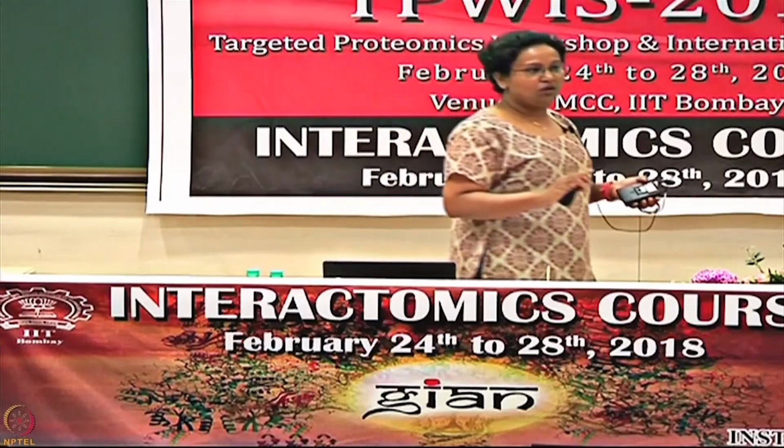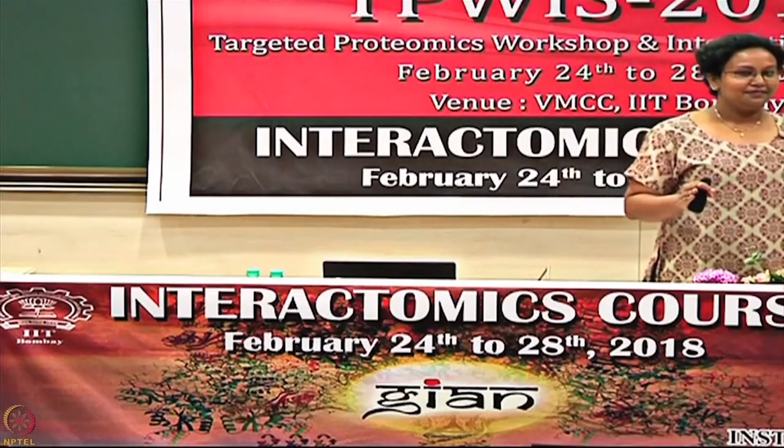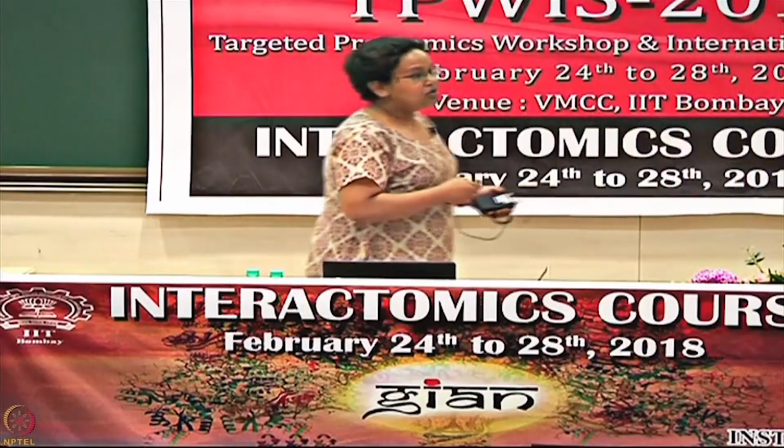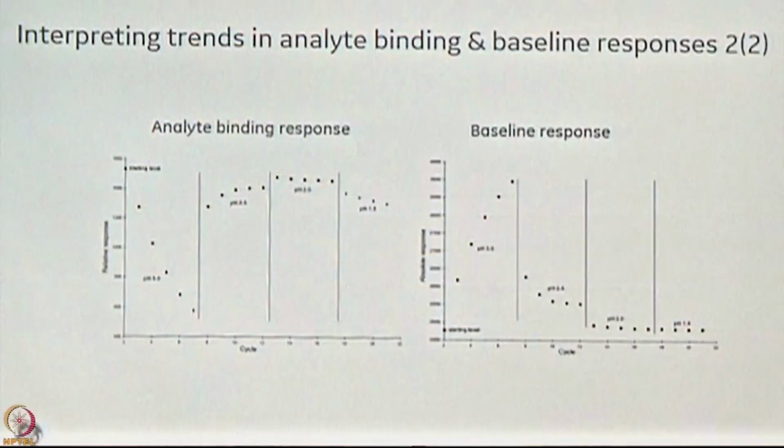It's a clear case of what? It's too mild, because your baseline is increasing, you are not removing all your ligand, and the binding is dropping because your ligand is not available to bind in the next cycle.